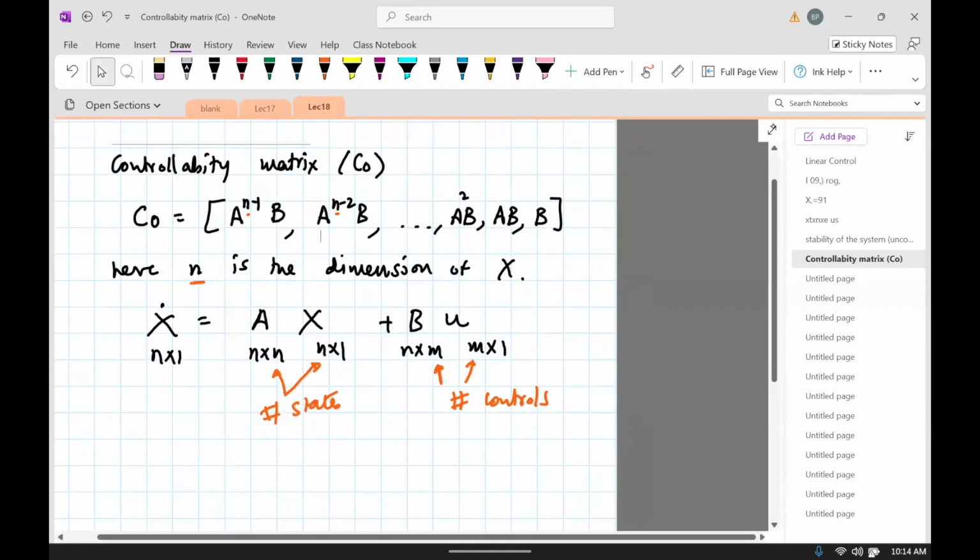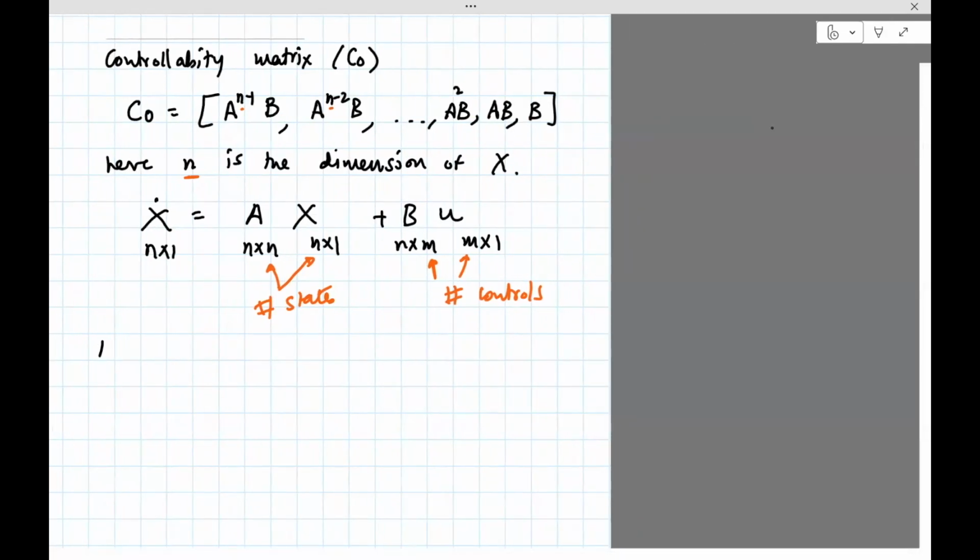Now, once you compute CO, to check controllability, this is what you do. If the rank of CO equals n, then the system is controllable. Rank is something which I'll not get into, but it is basically the number of independent rows or columns in the matrix.